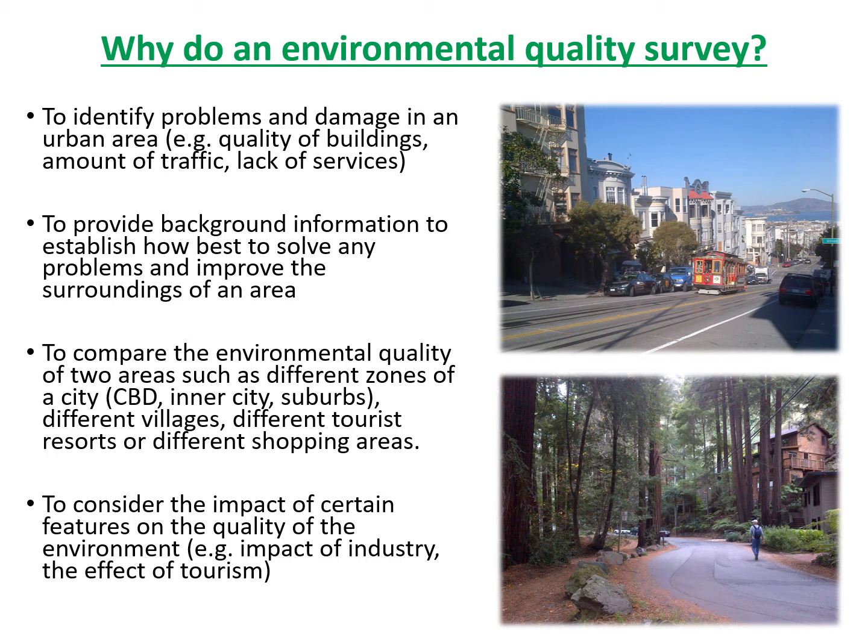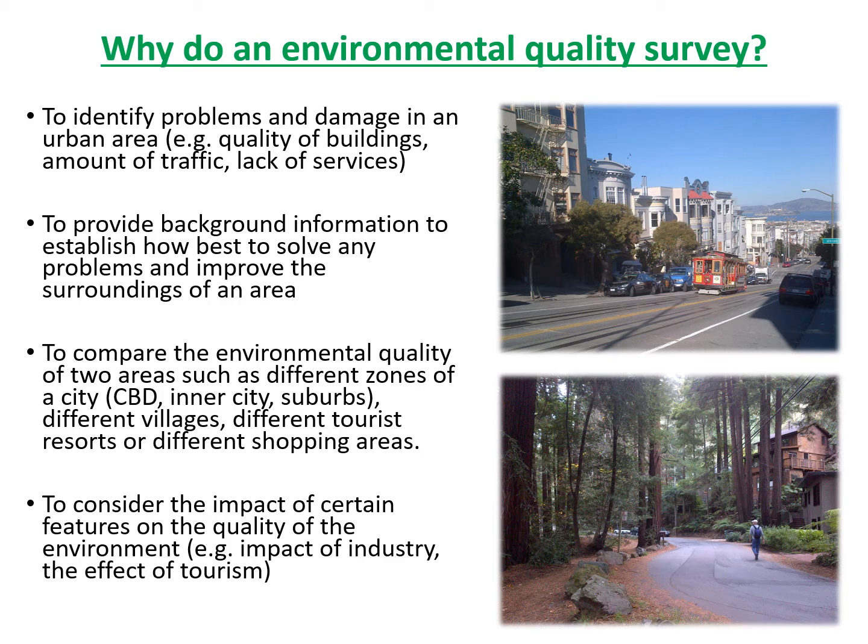You could look at that seasonally, couldn't you? You could look at the environmental quality in Portree at the height of the tourist season, and then you could look at it again in the winter. Would traffic be different? Would litter be different? Would there be more services which were shut down or mothballed? Things like that. That can be quite informative. And furthermore, we could look at the impact of industry as well.